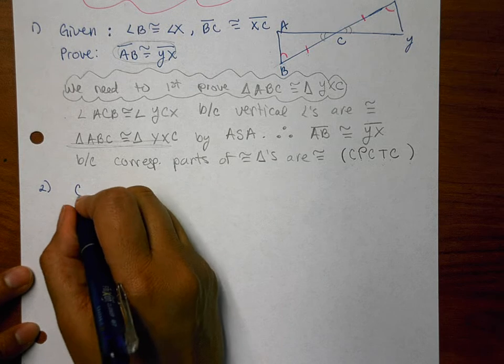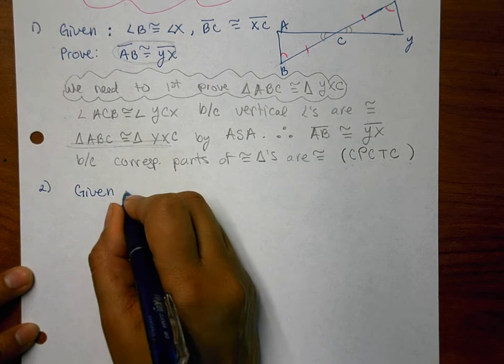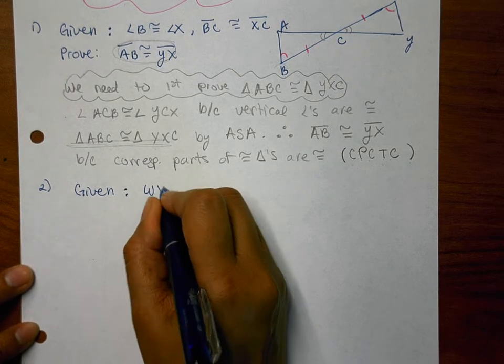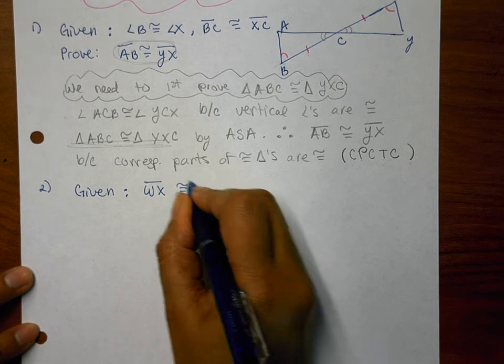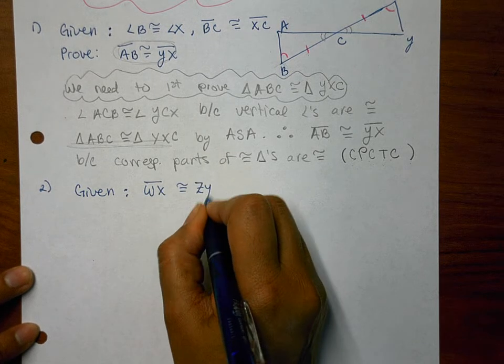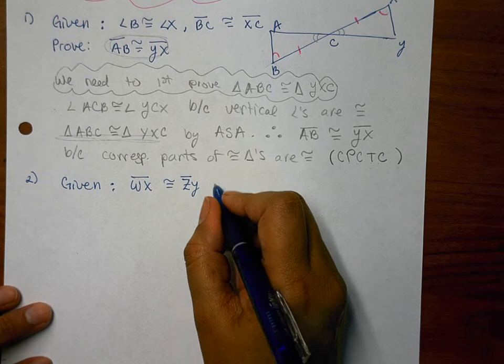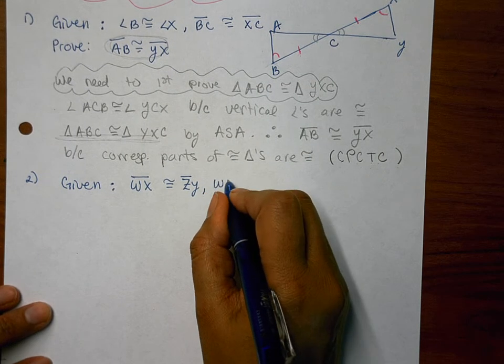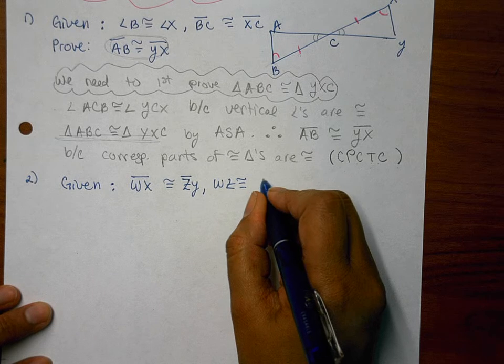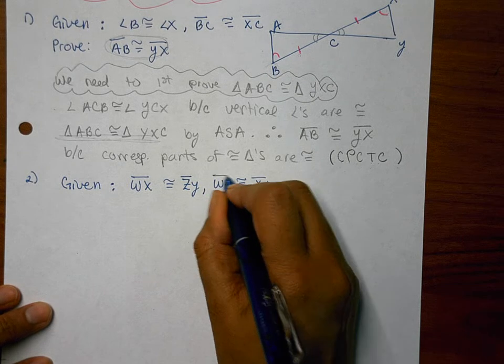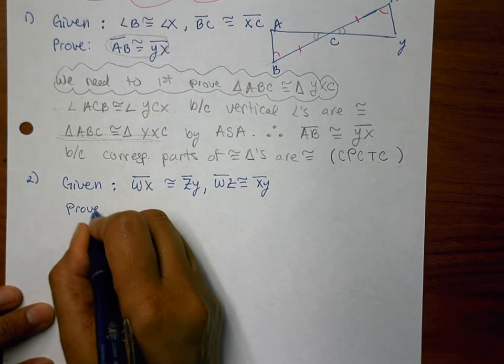Okay, let's go ahead and try a proof. Number 2. Given: WX is congruent to ZY and WZ is congruent to XY.